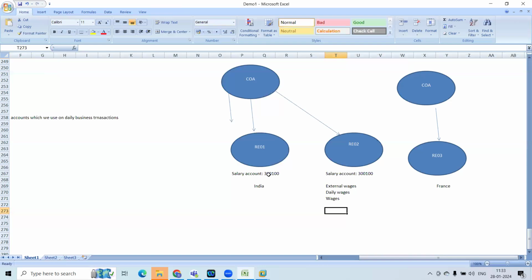That way they have created around 20 or 30 GL accounts.